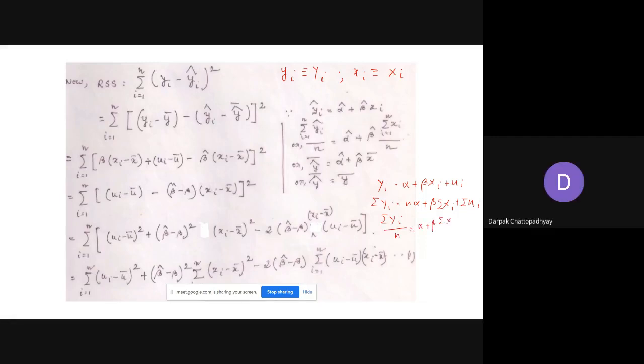That y bar is equal to alpha plus beta x bar plus u bar. Look at this. Okay, Darpak. Yes ma'am, so u bar is very much there in y bar.